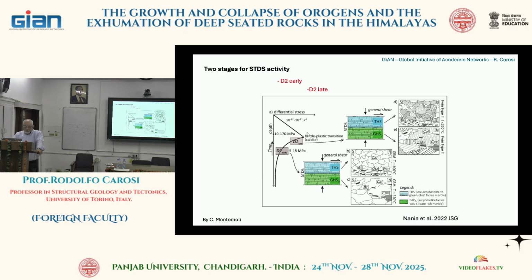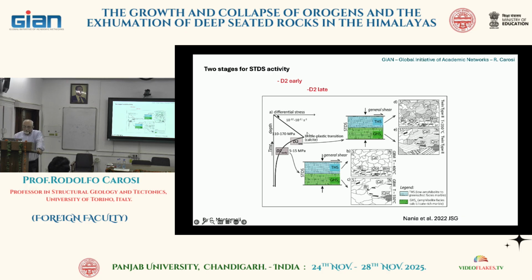Our explanation is this one, that deformation during the South Tibetan detachment can be characterized by two stages, the D2, we call D2 early and D2 late. You can see this line, the Byerlee's law for calcite, this exponential law for calcite.